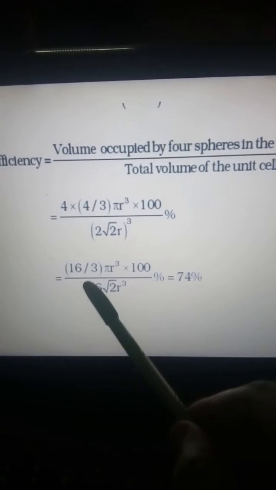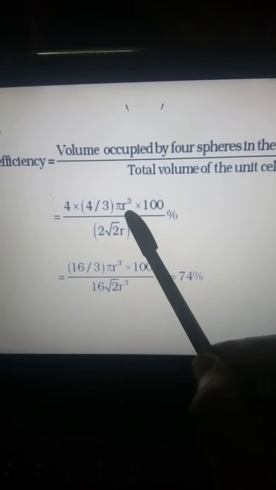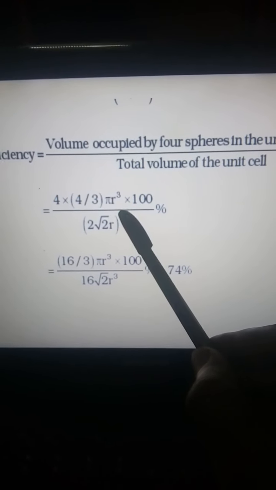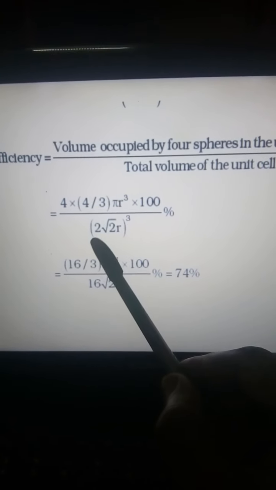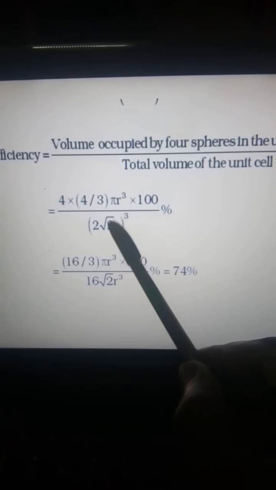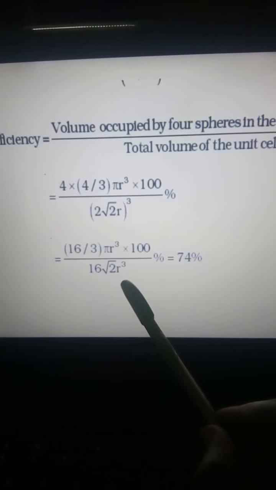If you do the calculation, 4 into 4 is 16 divided by 3 pi r cube into 100, divided by 2 root 2 whole cube. 2 root 2 whole cube means 2 cube, which is 8, and root 2 cube means root 2 into root 2 into root 2, that means 2 root 2. So 8 into 2 root 2 is 16 root 2 r cube.